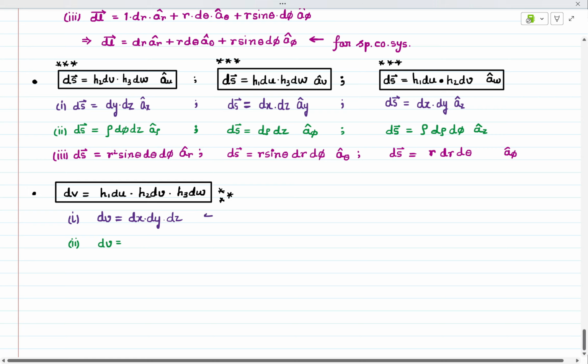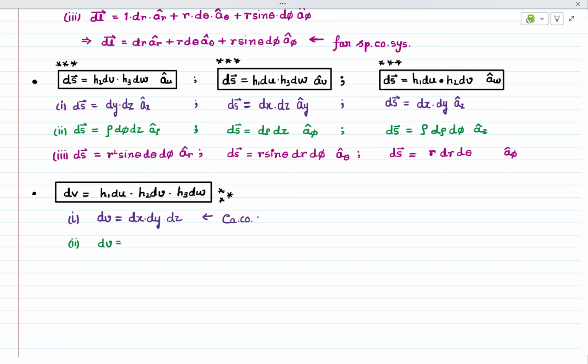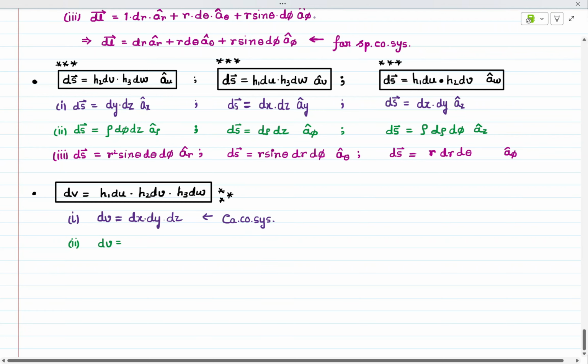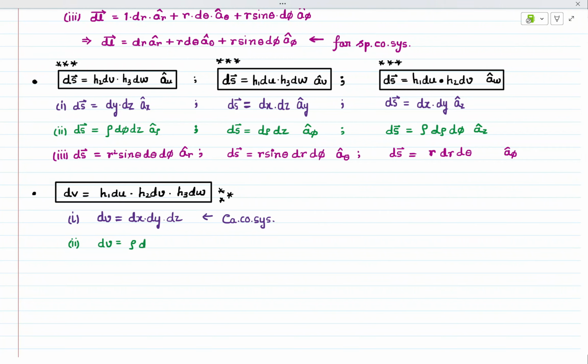In the cylindrical coordinate system, h1, h2, h3 are 1, rho, 1. So the differential volume is rho d rho d phi dz, because 1 into rho into 1 is rho. du is nothing but d rho, dv is nothing but d phi, and dw is nothing but dz over here, because I am talking about the cylindrical coordinate system, where we can also write the parameters u, v, w as rho, phi, and z respectively.